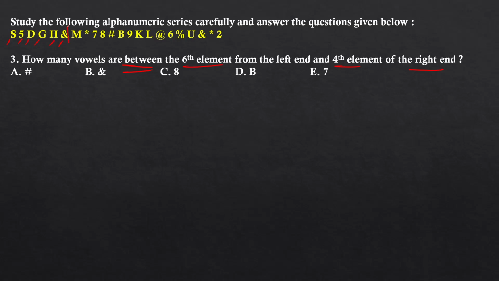That means from here, and fourth from the right end: one, two, three, four. So here, are there any vowels? No. I think there are no vowels. Okay, I think I did it wrong. Wrong options. So the answer should be none.